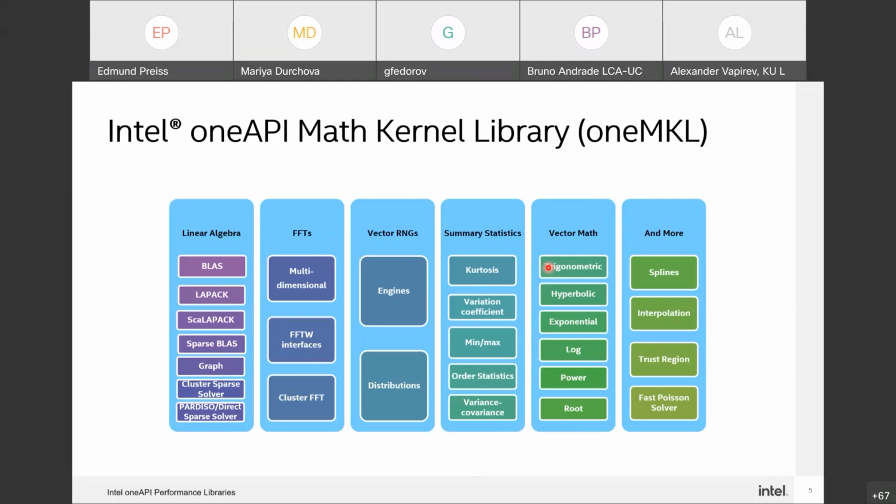And we have a lot of other functionality: one-dimensional splines and interpolation, trust region functionality, and further. All of this functionality is available with C and Fortran interfaces.